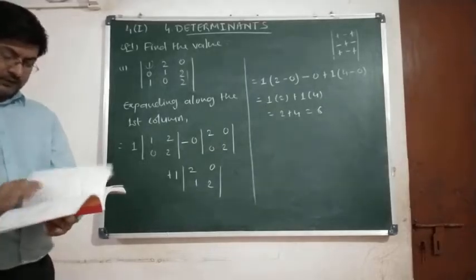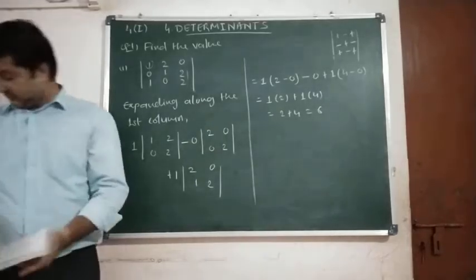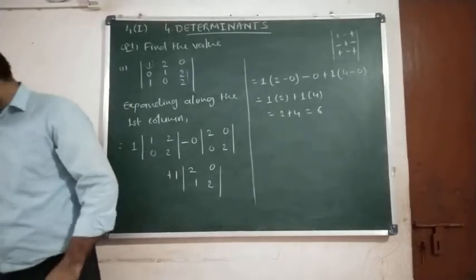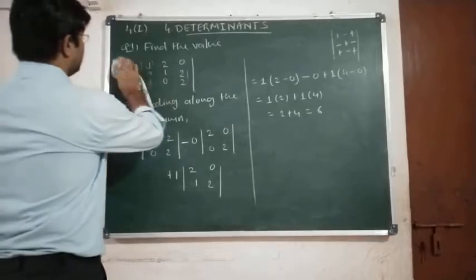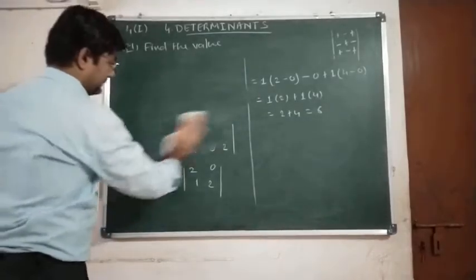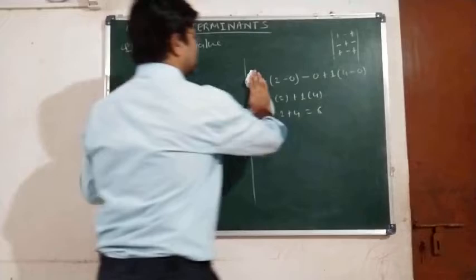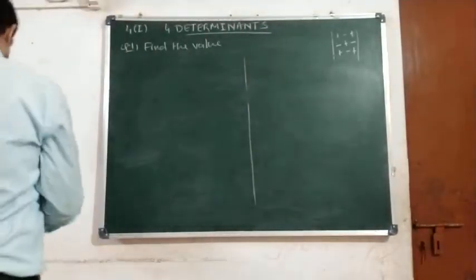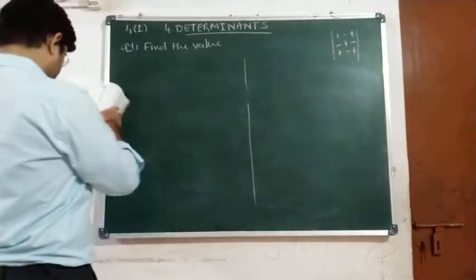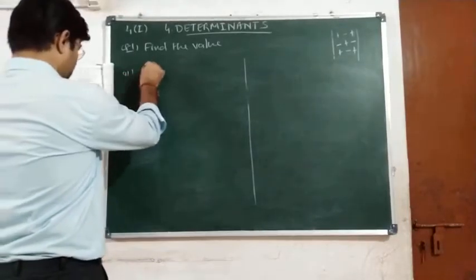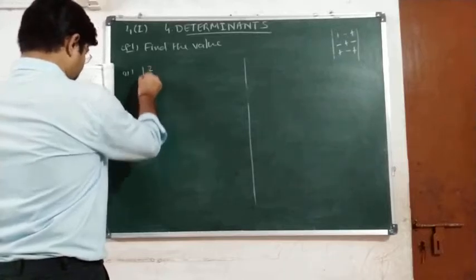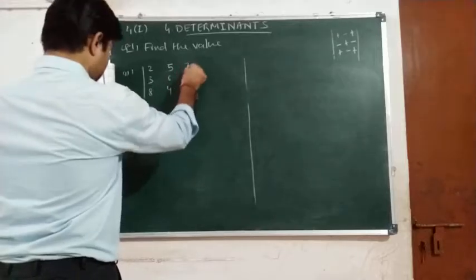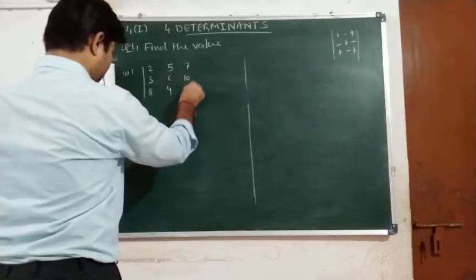The second determinant is given: 2 3 8, 5 6 4, 7 10 15.